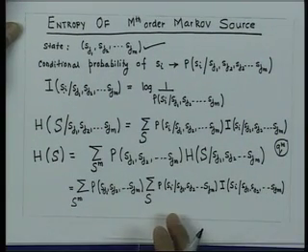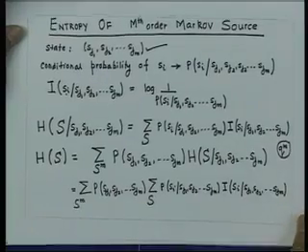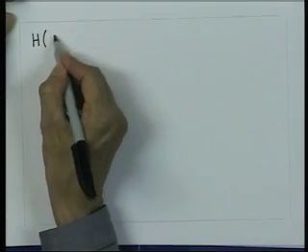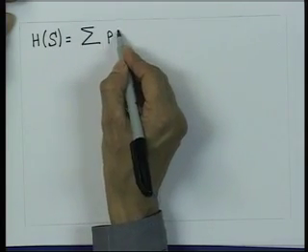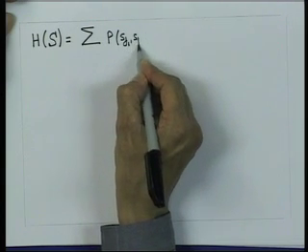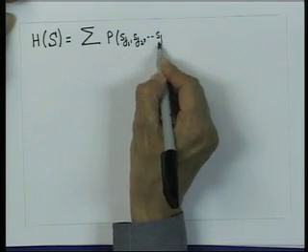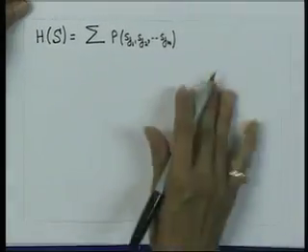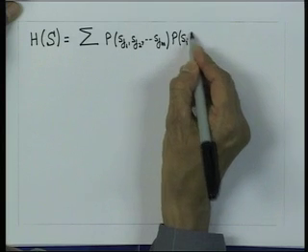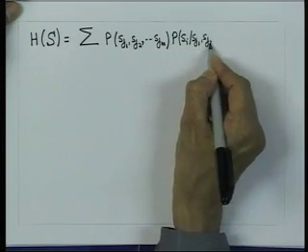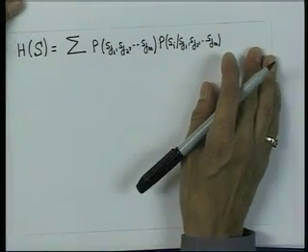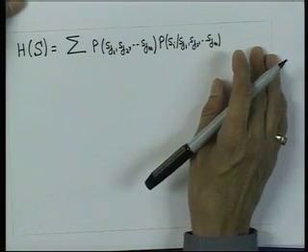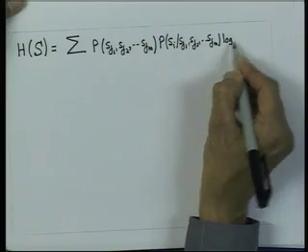Now, I can take this summation outside, and if I do that, what I get is H(S) equal to the probability of Sj1, Sj2, ..., Sjm, log of.